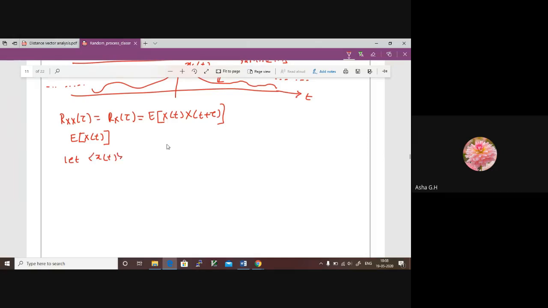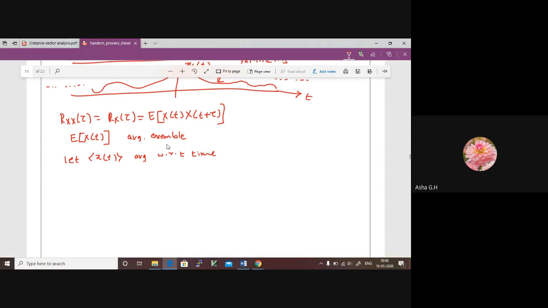Let us say that this is the average with respect to time, and this is the average or mean with respect to the ensemble, that is, with respect to all ensemble points or ensemble curves. These are the two things.